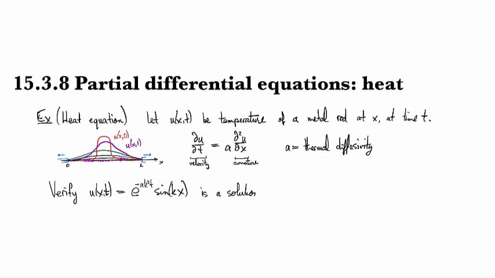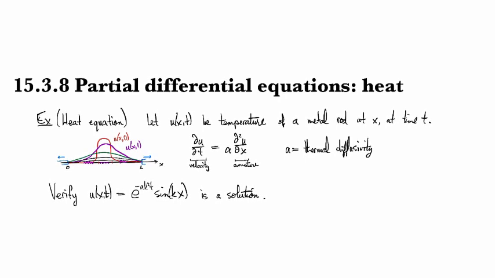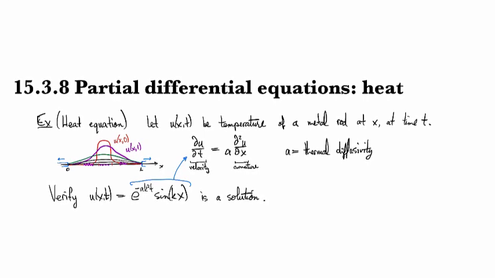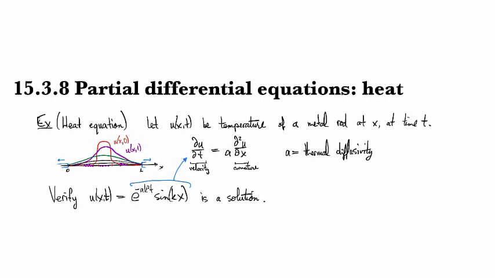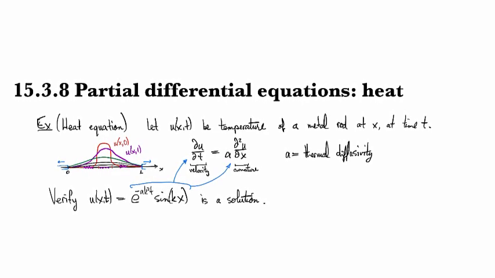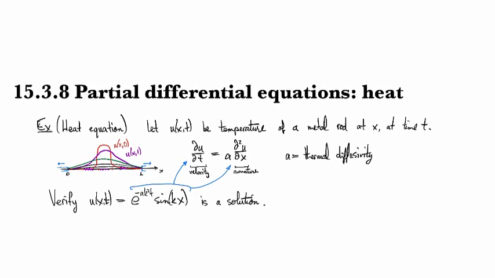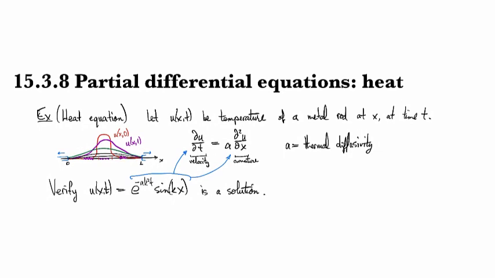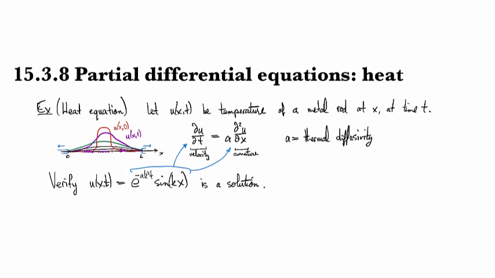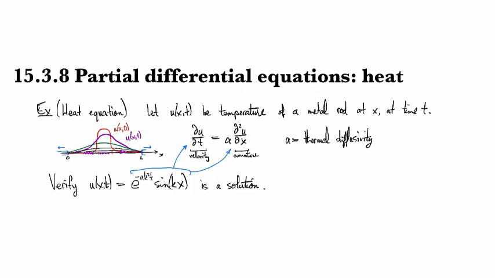And so again, the way that we check to see if a given formula is a solution is we're going to take it and substitute it into the left side. So in other words, differentiate it by t, see what we get. And then we're also going to substitute it into the right side. So take its second x derivative and then multiply by a, and see if we get the same thing both ways. And again, don't worry about where this solution comes from. I'm not going to ask you to construct solutions to differential equations. If you want to do that, you can take Math 418, and maybe I'll see you again there because I love teaching that class.